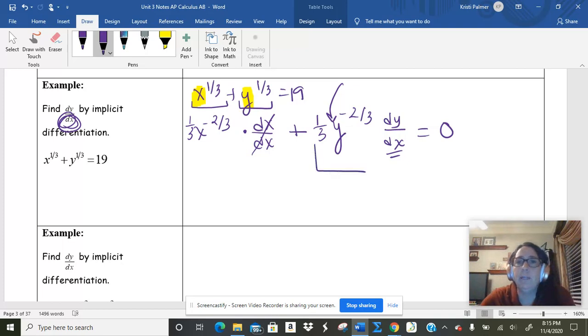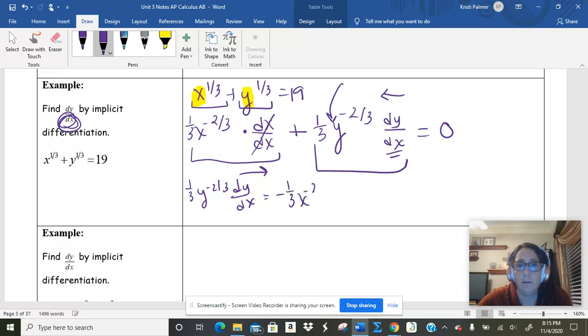Okay, so now I'm going to keep everything with a dy on this side, and everything without a dy I'm going to take over to the other side. So this would be subtracted over. And now I'm going to solve for that dy dx.